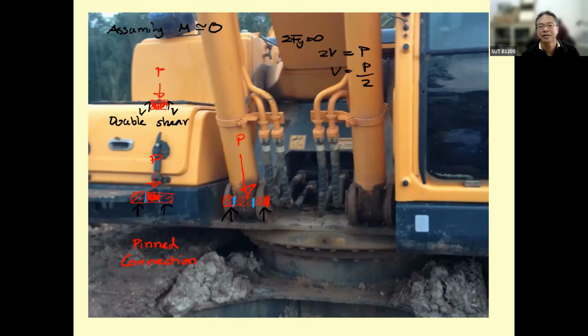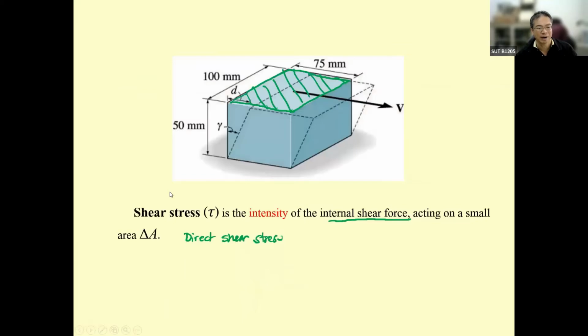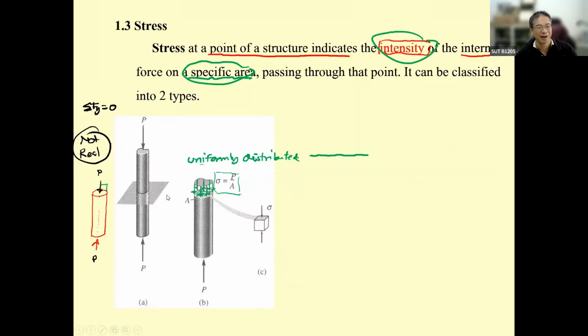By doing this, we will have tau equal to V over A, and then tau is going to be P over 2A. That's going to be the shear stress in the double shear format, which is different from this one, the single.